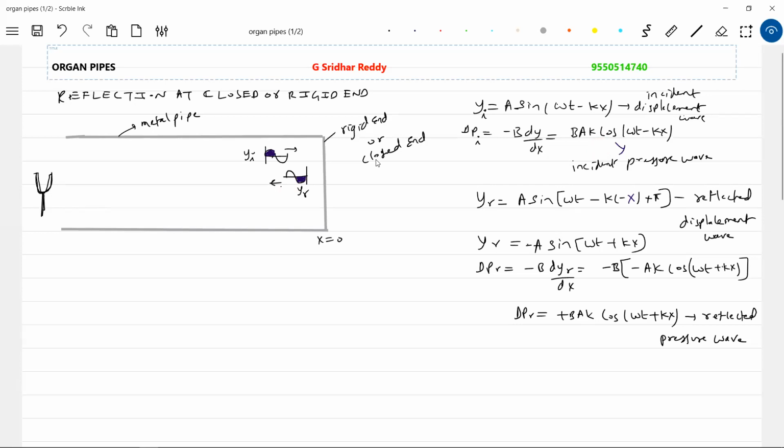Okay, let's come to the displacement at the closed end. Let's go for y is equal to yi plus yr. Let me take the superposition of this incident displacement wave and reflected displacement wave. yr is minus a sine(omega t plus kx).